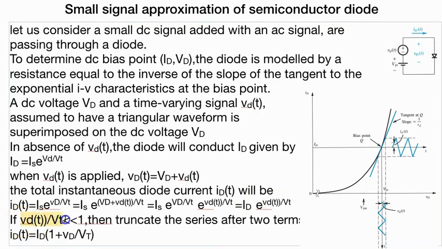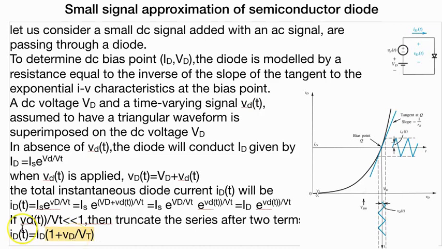I would like to point out at this point that if VD(t), that is the time varying voltage, over VT, the threshold voltage, is much less than 1, then one must consider this small exponential approximation, that is 1 plus VD(t) over VT into ID.